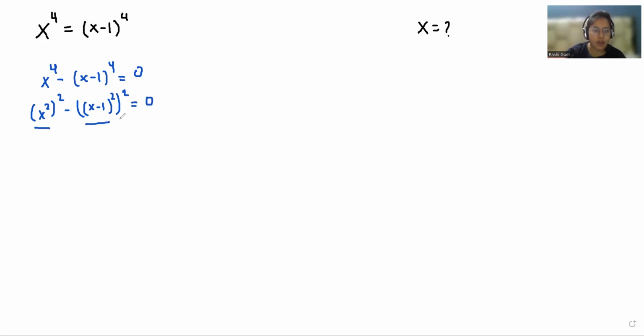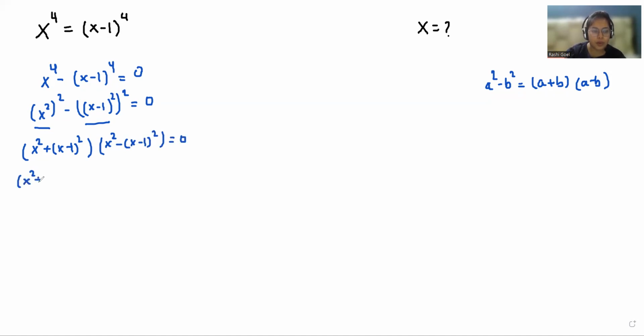So here we can use the very famous identity, that is a square minus b square equals (a plus b)(a minus b). So we can write it as (x square plus (x minus 1) square)(x square minus (x minus 1) square) is equal to 0.